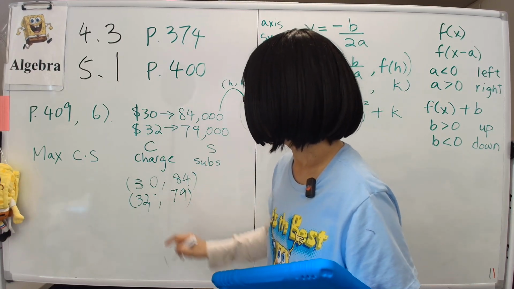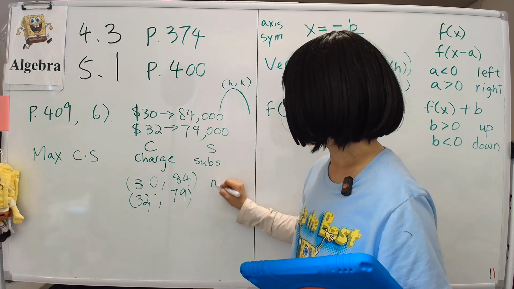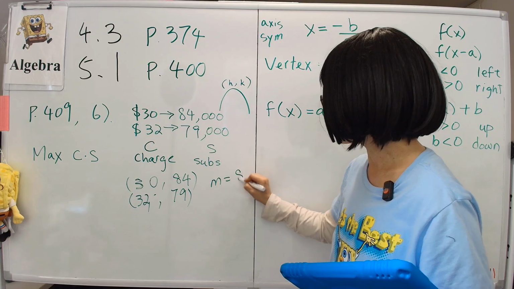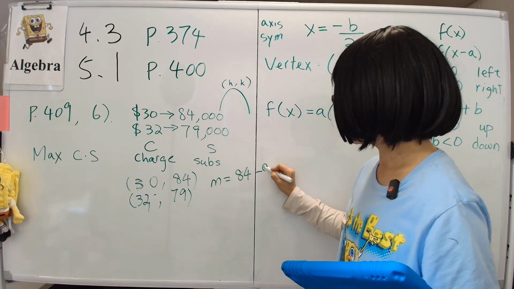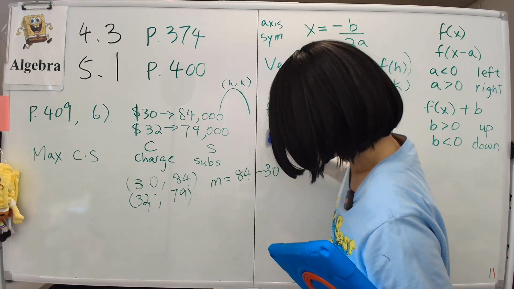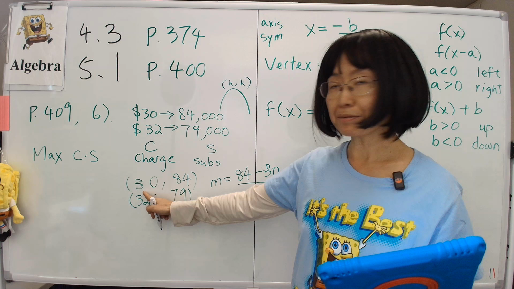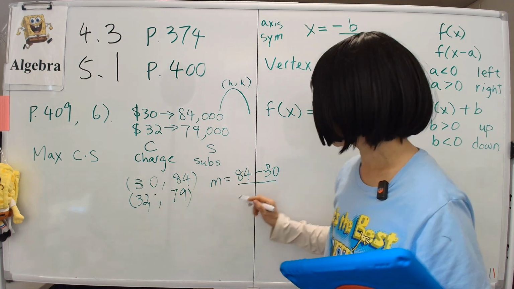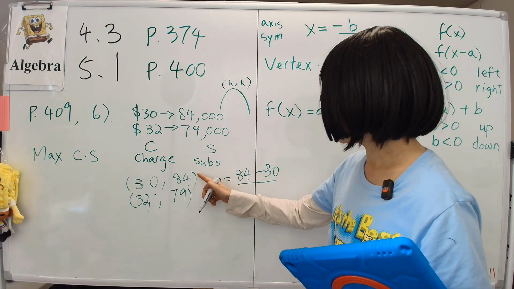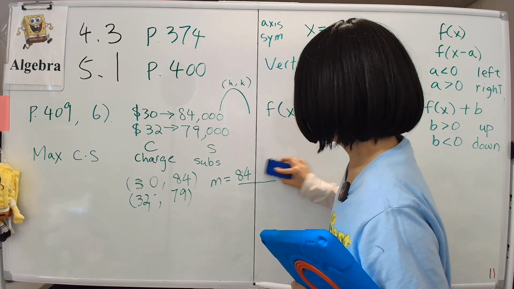So then, let's find the m. The slope is y2 minus y1, 84 minus 79, divided by x2 minus x1, 30 minus 32. Sorry, this is y2, let's get rid of that.